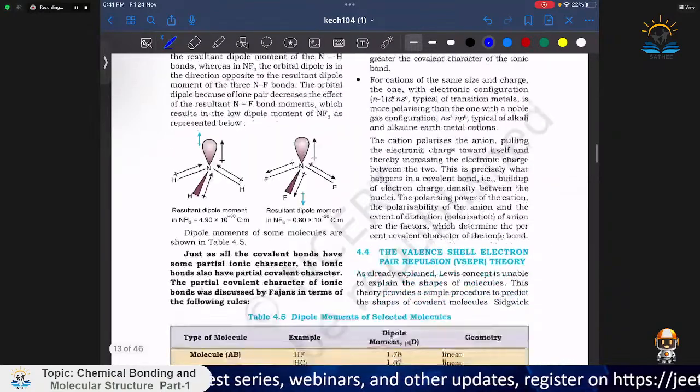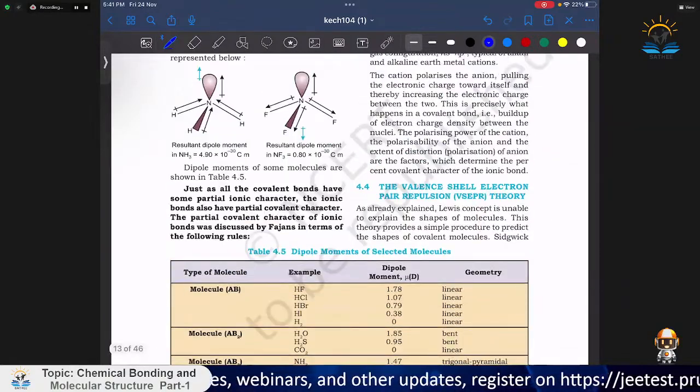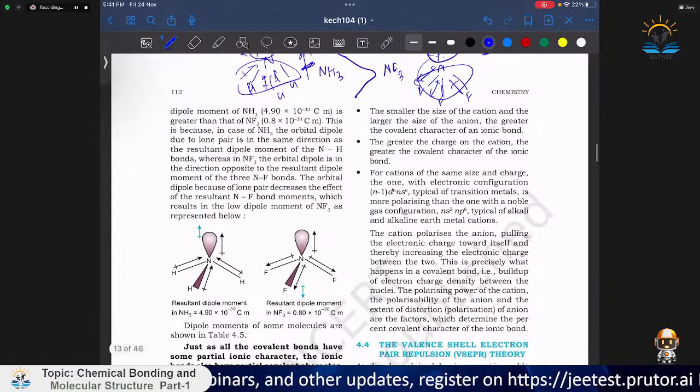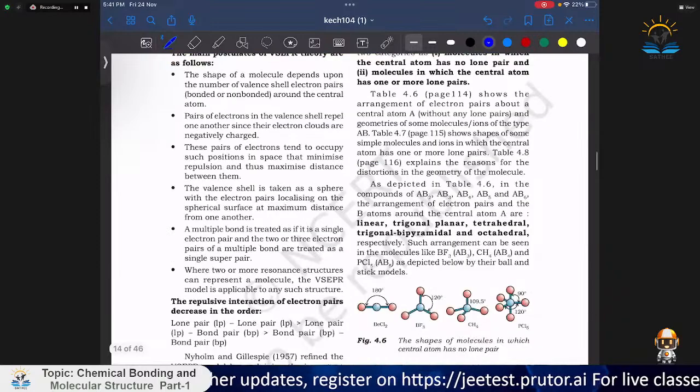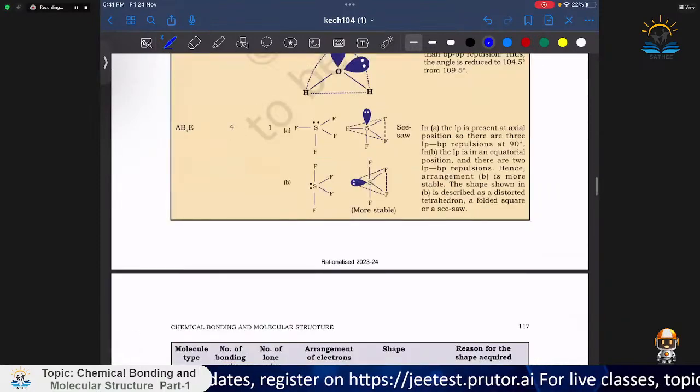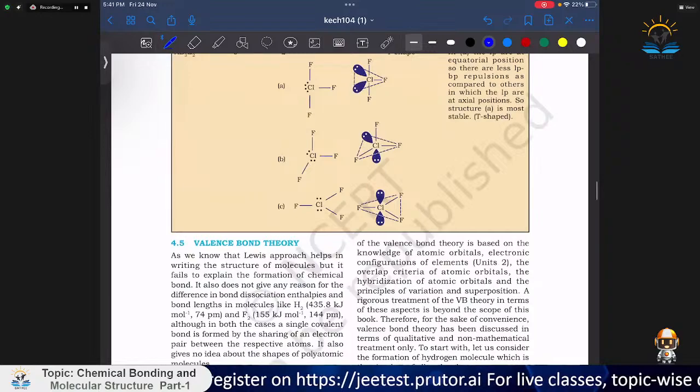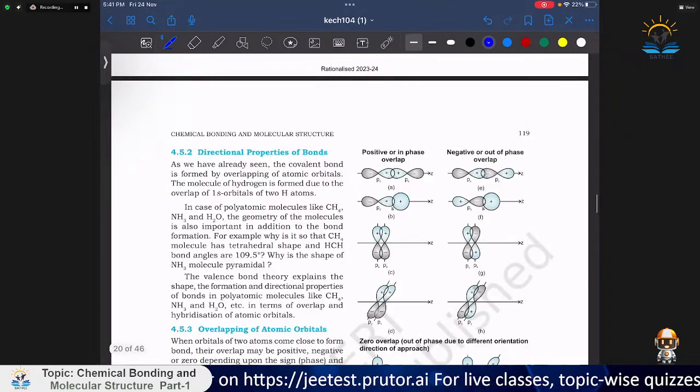Okay. This was basically today's topic. We will start with VSEPR theory in the next class. Let us move on to the questions. We will try to solve questions related to today's topic.